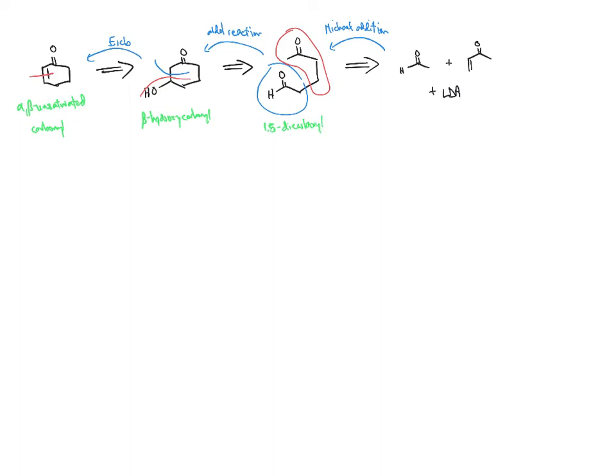And that 1,5-dicarbonyl can be disconnected through a Michael addition from a carbonyl and an alpha-beta unsaturated system. And so this series of steps where you have E1CB, aldol, and Michael, in the forward direction, this would be a Robinson annulation.